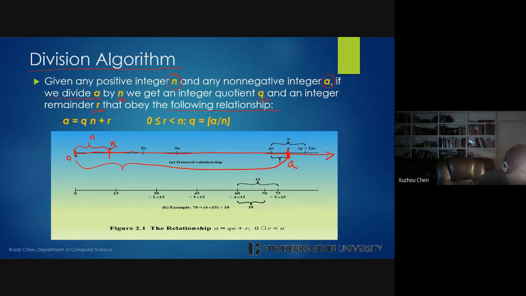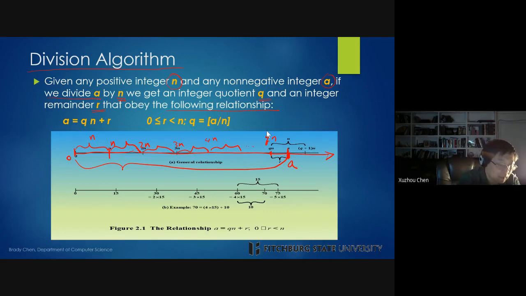And then we cut another piece of n, so we got 2n. We cut another n, we got 3n, and another, we got 4n. So we keep cutting n until we cut up to qn, and q is the number of fragments we cut.